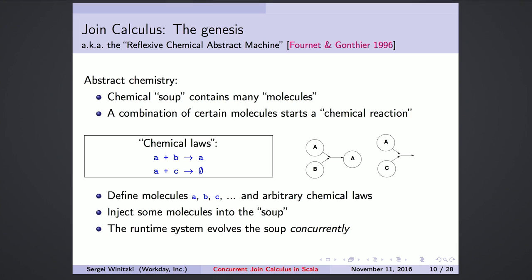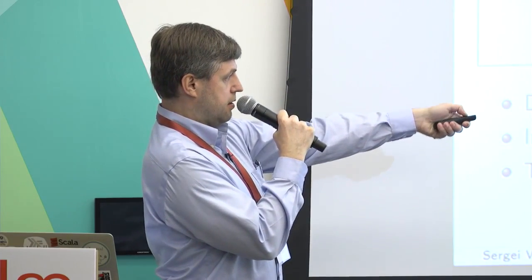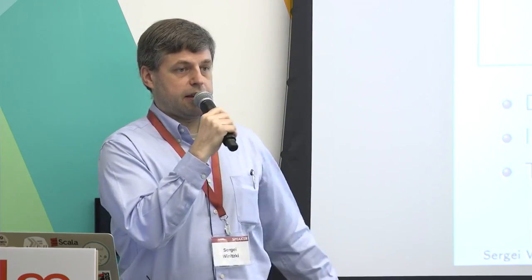And so, because it's completely imaginary, we can postulate whatever chemical laws we want. For example, that molecule A and molecule C will meet and immediately disappear into nothing. Well, that cannot happen in real chemistry. But this is imaginary chemistry. Anything can be done. And we just define whatever we want.